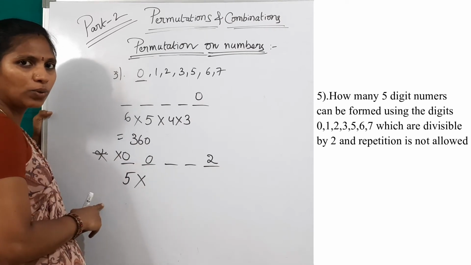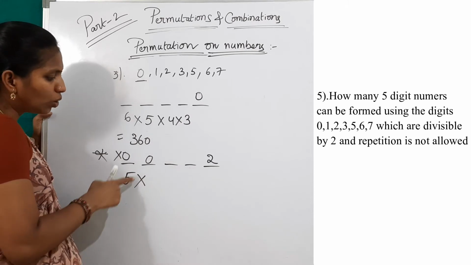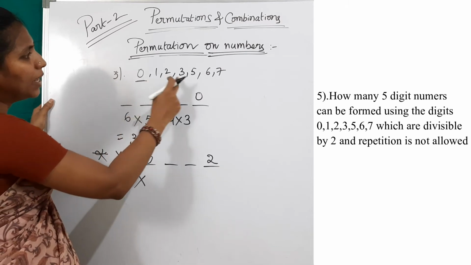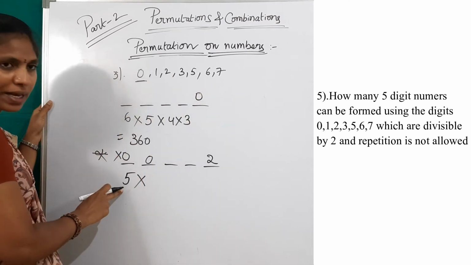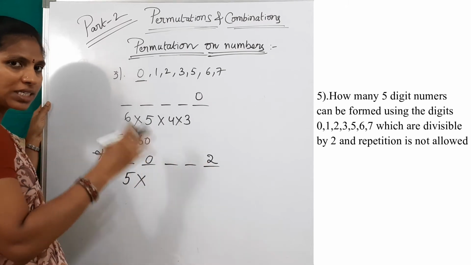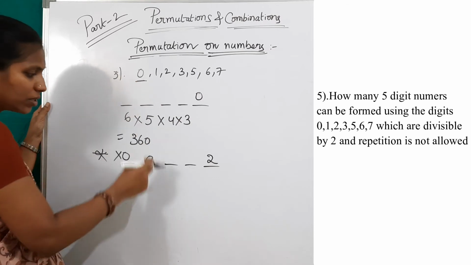Yes. So I can place 0 in this position. From these 7 digits, 1 digit is placed here and 2 is already placed here. 2 digits are fixed. Remaining are 5, including 0 here.